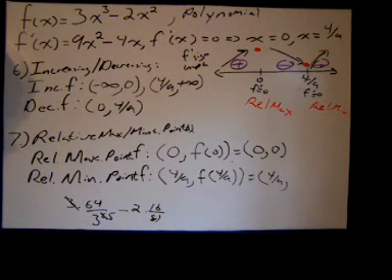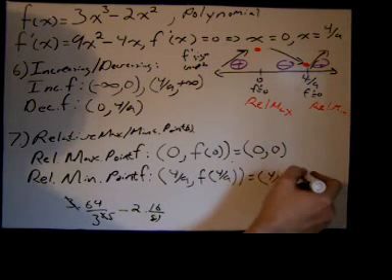Where do I have it? Ooh, negative 32 over 243.